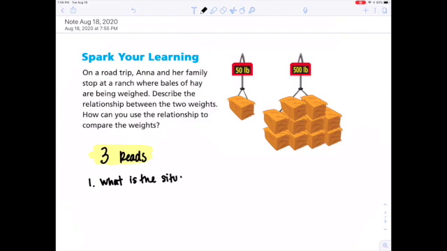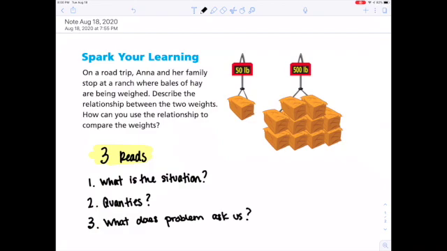On the second one, we're going to ask, what are the quantities? What are the quantities or measurements that it's asking us? And then in the third read, it's going to be asking us, what does the question ask us to do? What does the problem or question ask us to do?